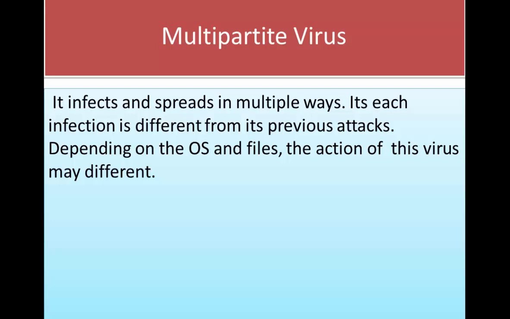So that means this virus behaves differently, and its attack is not similar to its previous attack. Depending upon the operating system and files and folders wherever infected, its actions are different. So it is very difficult to even identify this virus.